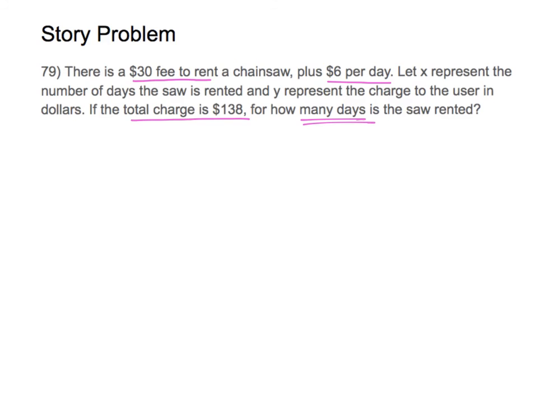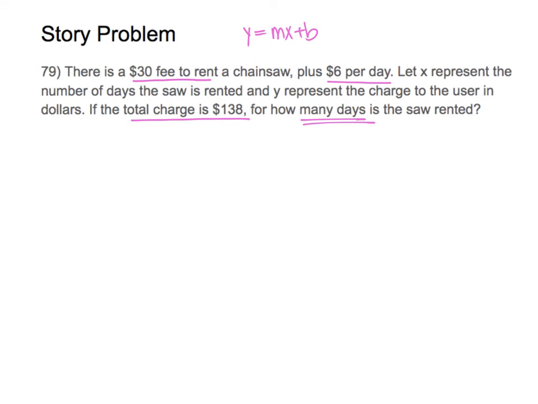So first off, let's just gather our thoughts for a bit. I think the easiest way to approach this is to see if you can make an equation first from the story. That way you can use the equation to solve whatever you need. So a typical equation is slope-intercept form. This is your line equation.